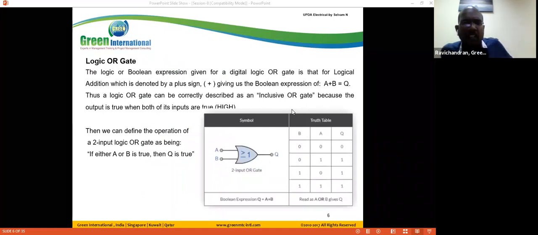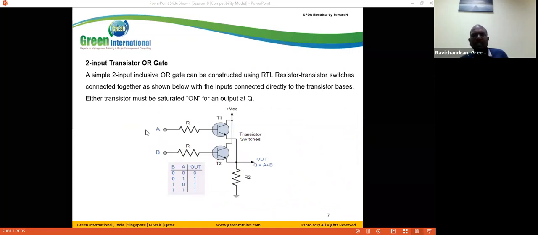So logic OR, here we are using the words either A or B is true. So this is the two input transistor OR gate.